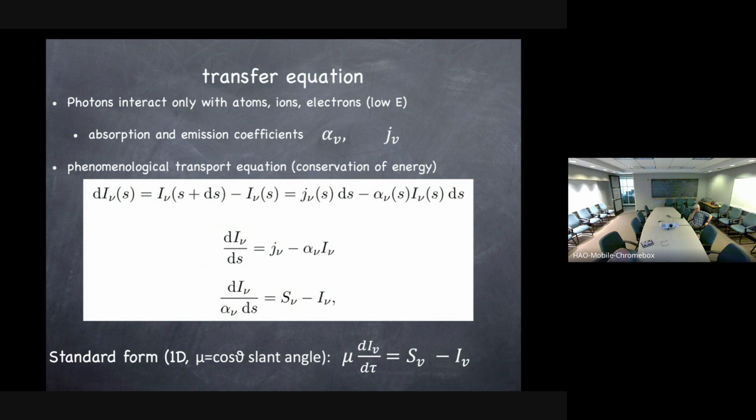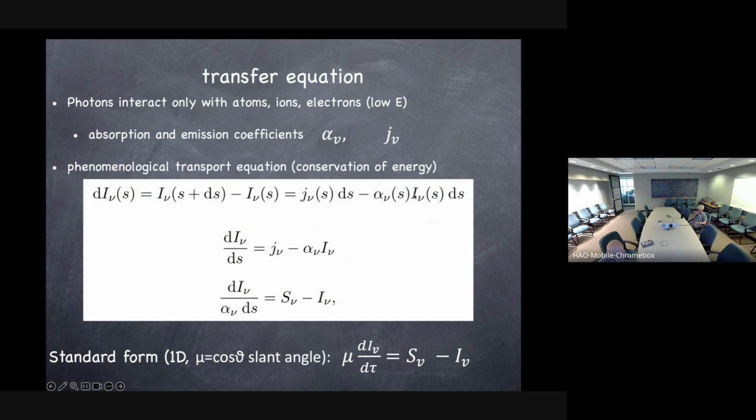And the absorption coefficient clearly has units of 1 over length. Okay, so let me just rearrange things here. You're just completing the differential here. We have this term, and now if I divide by the absorption coefficient, this is 1 over length.